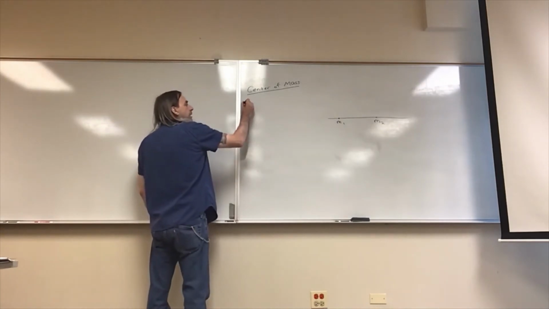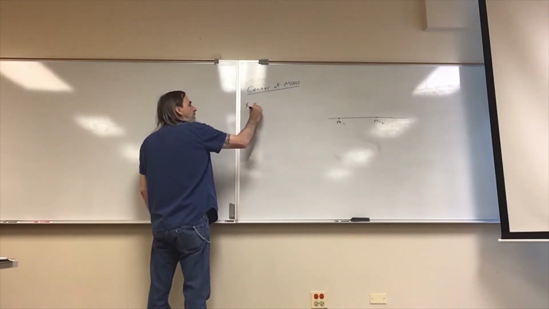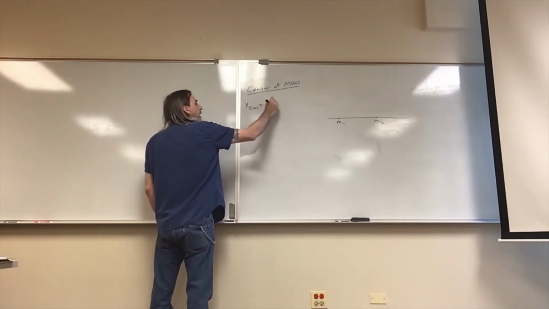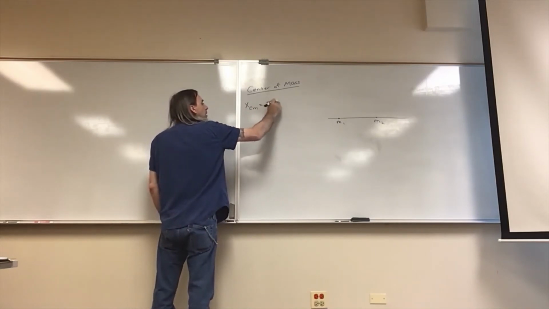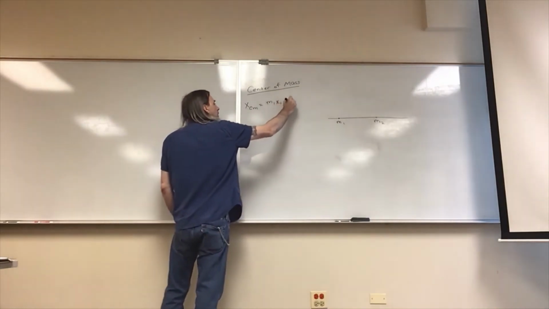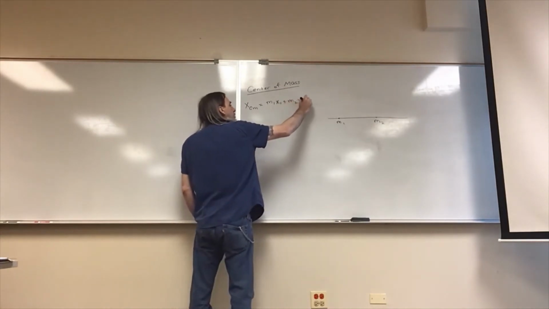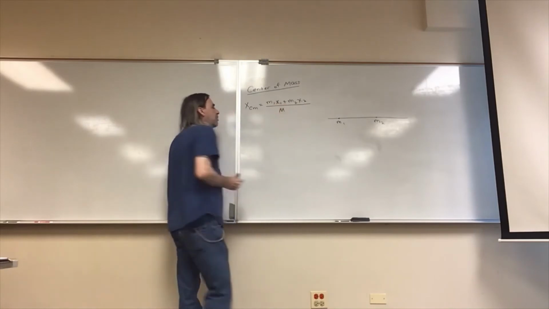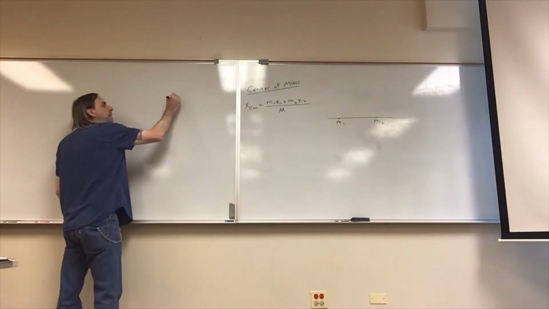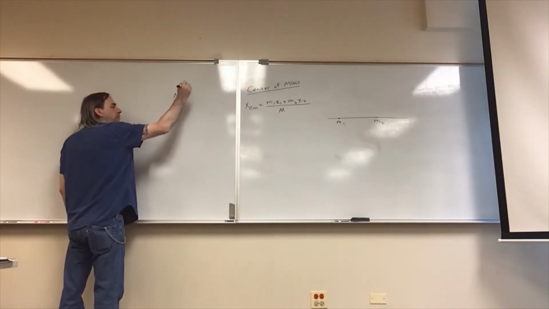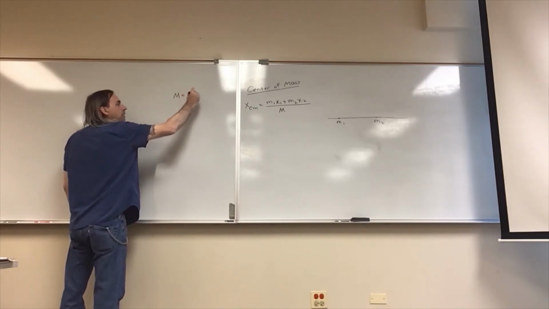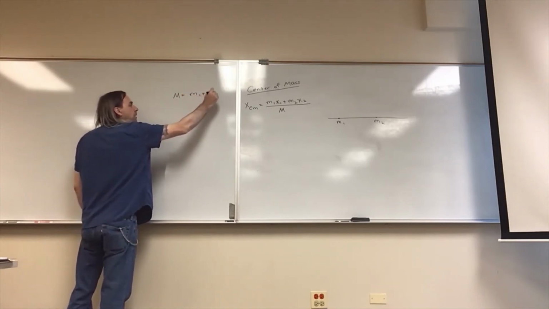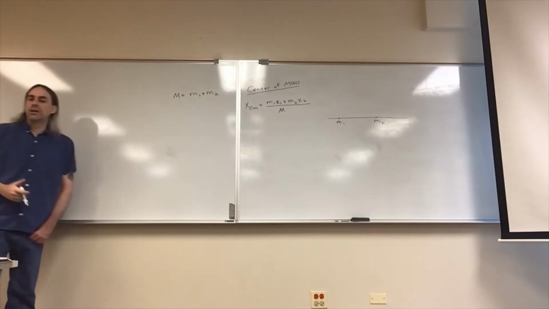But generally, we can say that X_CM would be M1 X1 plus M2 X2, and I'm going to divide by capital M, where M is the mass of our system. So if we have two particles, M is just M1 plus M2.